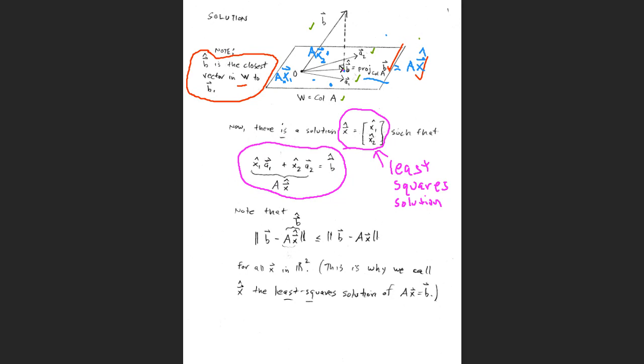You see, we can't solve Ax equals b. For any vector x, A times x will never equal the vector b.